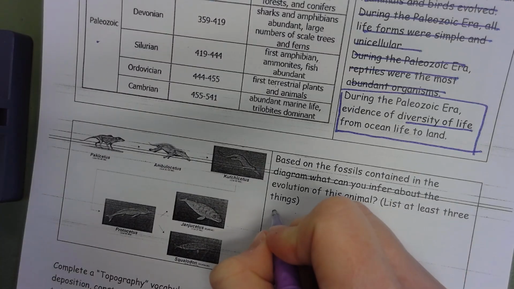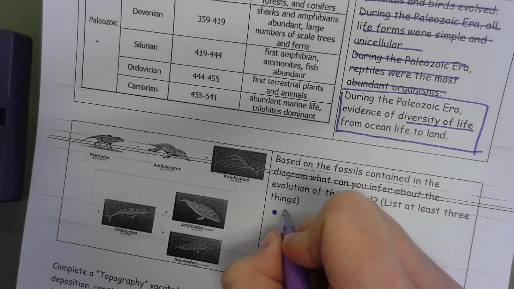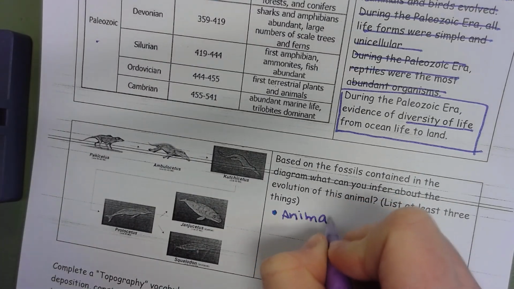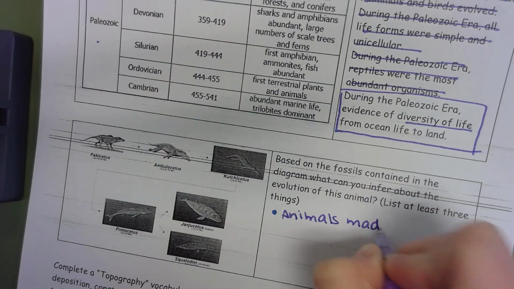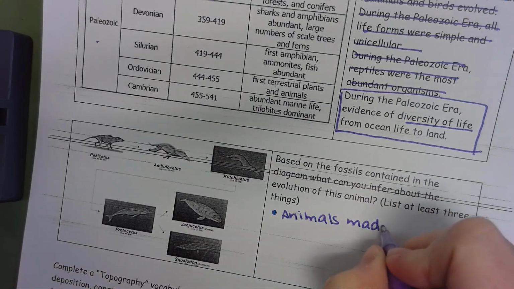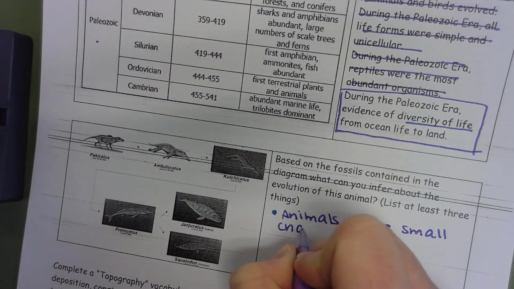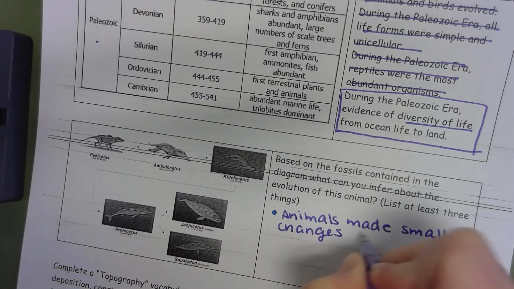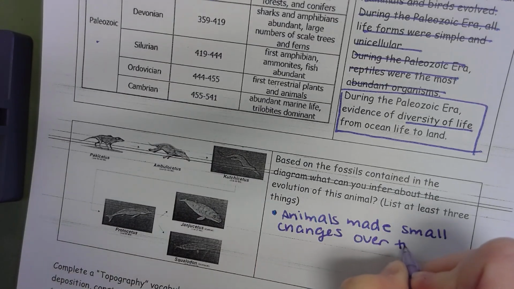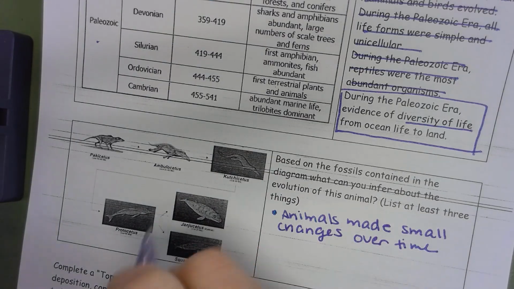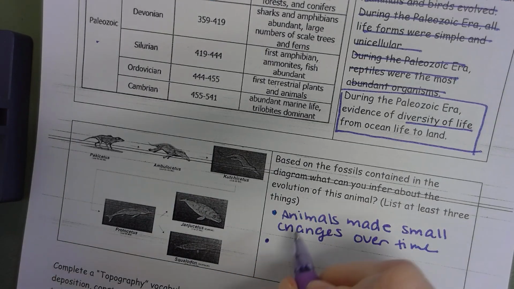So 3 things that I can tell from this is that this animal in particular made small changes over time, right? Because we're starting on the land and we're ending up looking like a dolphin down here with flippers.